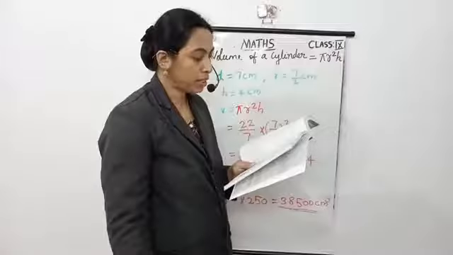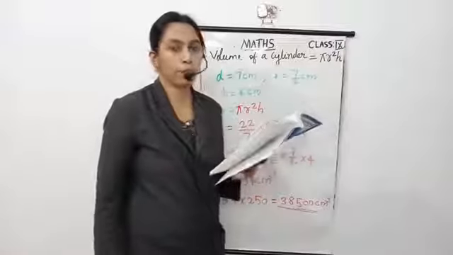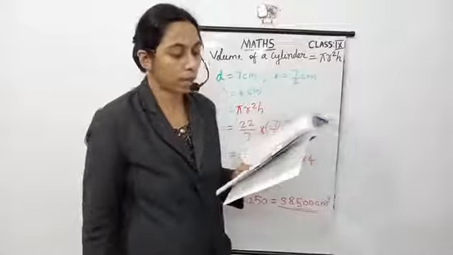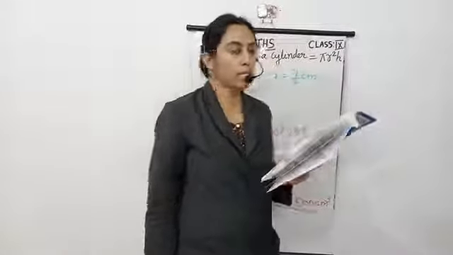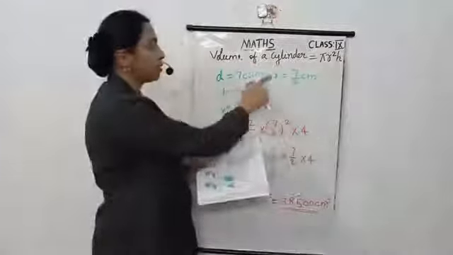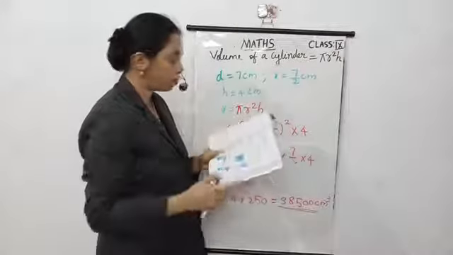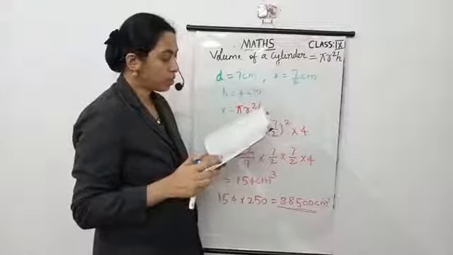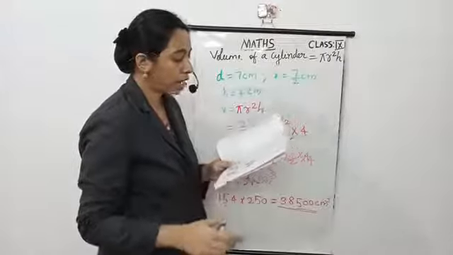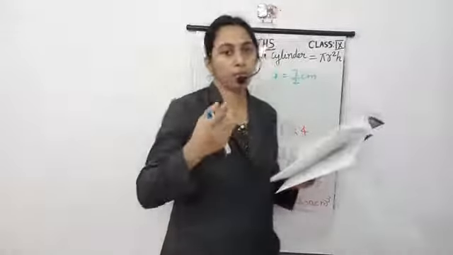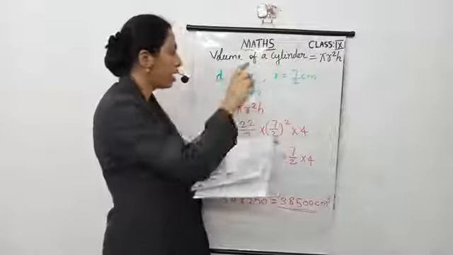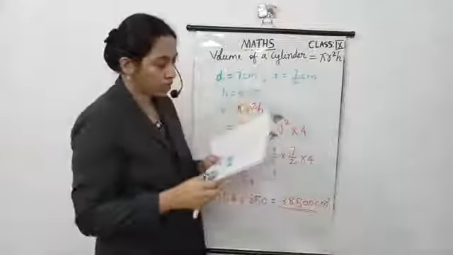So a patient in a hospital is given soup daily in a cylindrical bowl of diameter 7 centimeter. The diameter is given 7 centimeter, so the radius is 7 by 2 centimeter. If the bowl is filled with soup to a height of 4 centimeter, we take height equal to 4 centimeter.